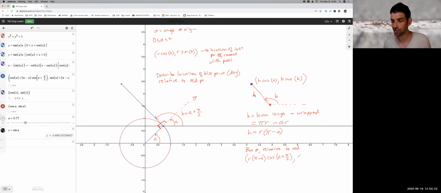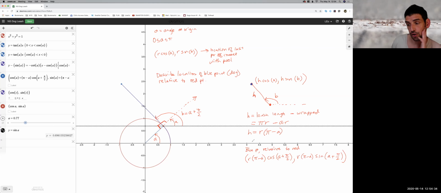And then H sine B is r times (pi minus A) sine of A plus pi over 2. All right, we're not quite done yet.